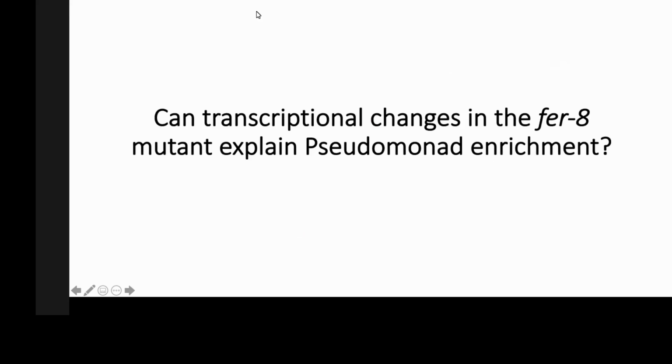So the next question that they had was that they wanted to get at mechanism, and see if there are any transcriptional changes in the FAIR8 mutant that might explain this pseudomonad enrichment. To do this, they performed transcriptional analysis of the shoots and roots of these plants. What they found was that there were 675 genes upregulated in shoots and 82 upregulated in the roots.